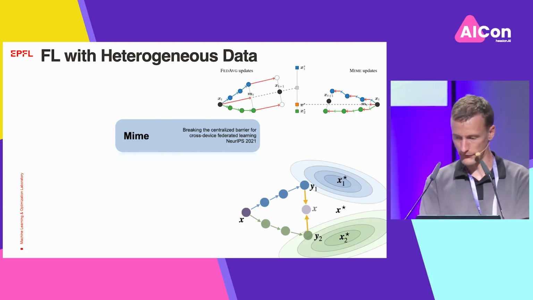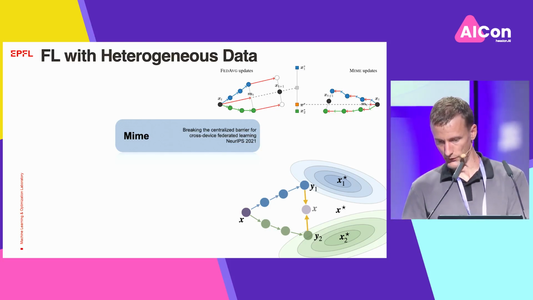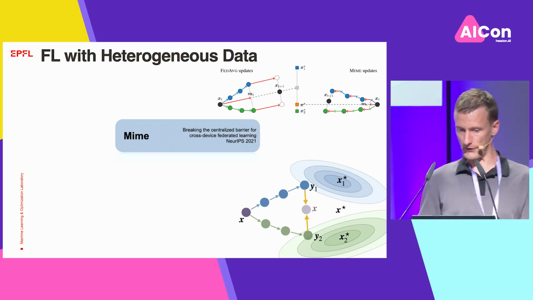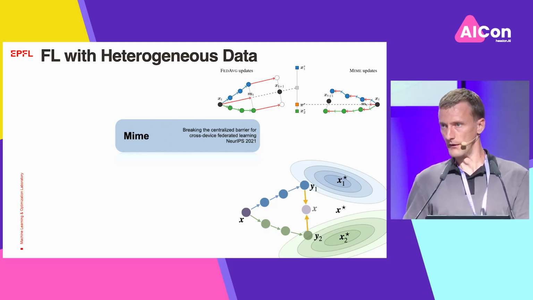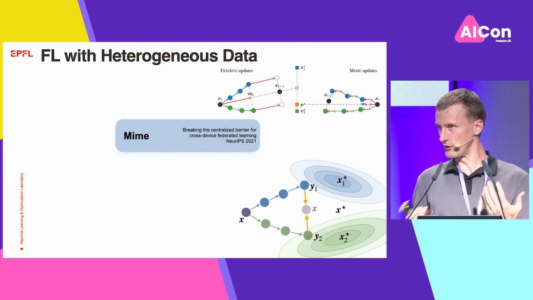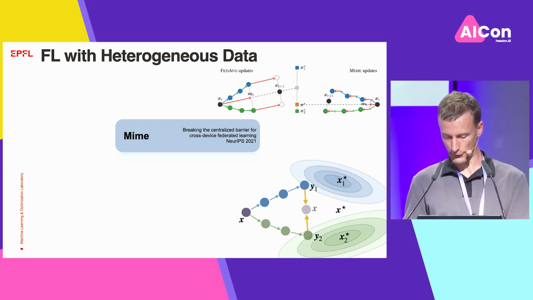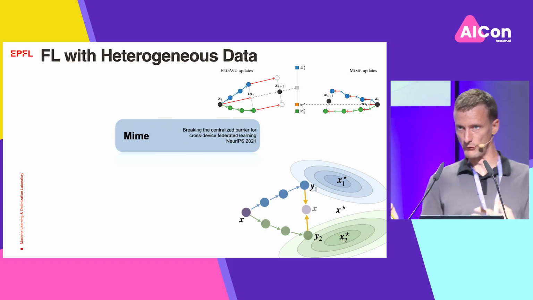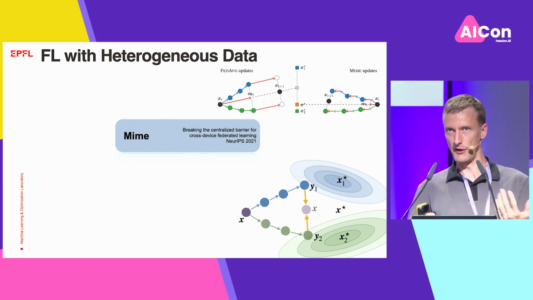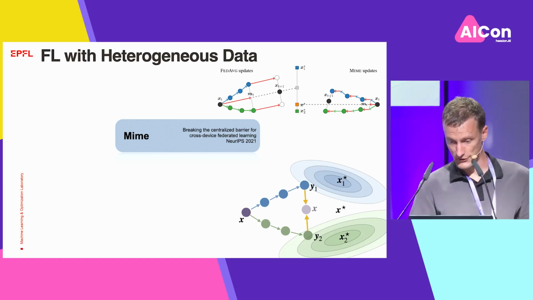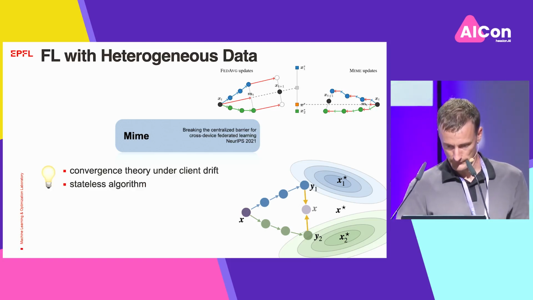And you can analyze this, and you get that this converges even in the heterogeneous data case. But we need an assumption on how different these two tasks can be. So you want that the gradients of the two tasks are not getting too far away from each other, so this is some kind of task similarity. Actually, there's even a stronger assumption that we need.